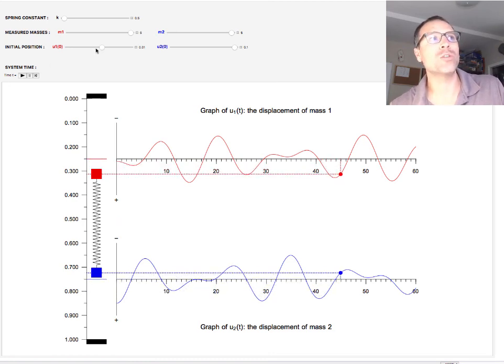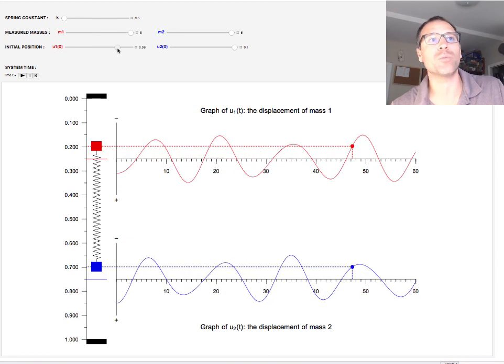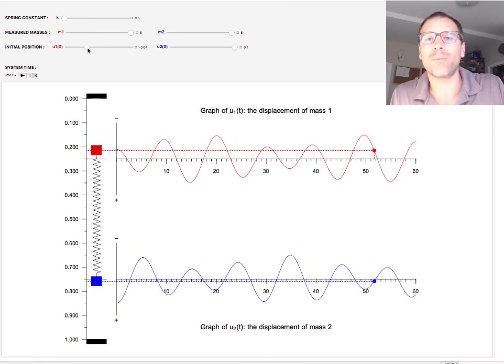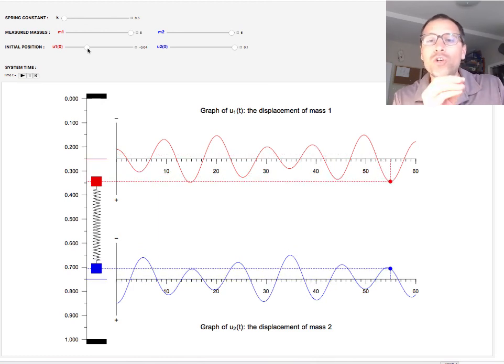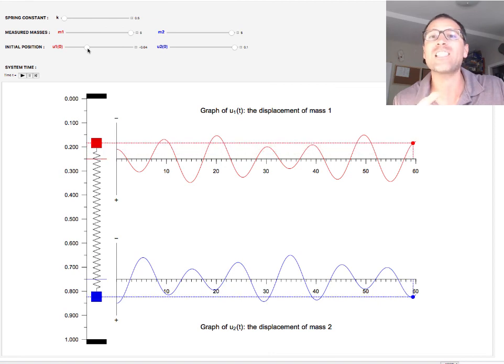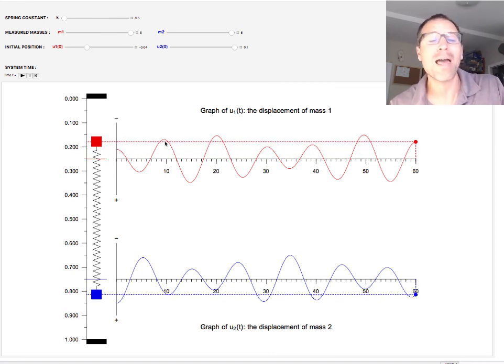Of course, our solution has to take into consideration the initial position because that very much affects the dynamics. But that is the coupled pendulum problem, trying to figure out the motion of those masses under different parameters and come up with an explicit function to describe that motion.